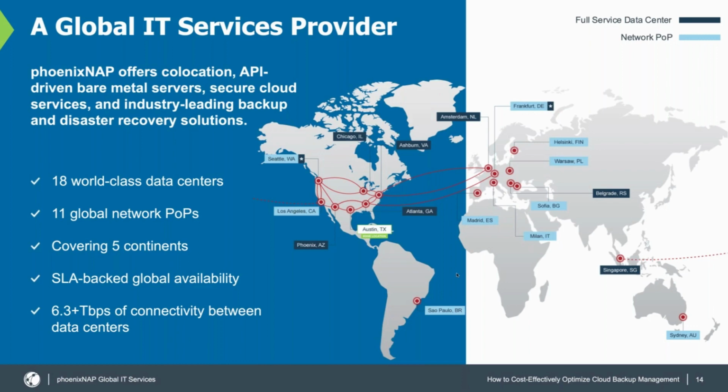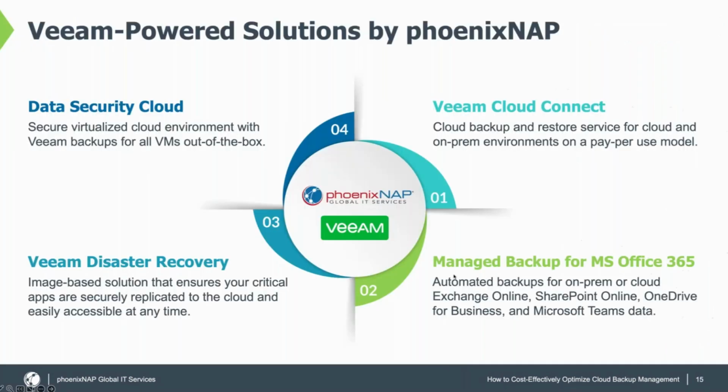As we move into what this looks like holistically for us around Veeam, we believe in it so much that even our enterprise VM hosting products, which is called Data Security Cloud, we leverage Veeam to back up all of that data. We replicate that data to different data centers, right?